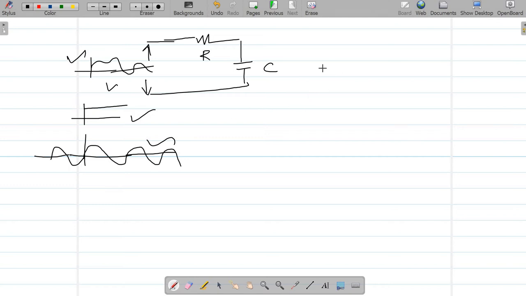Very often, in switch reluctance motors, you may have a voltage or current of this nature, something like this.